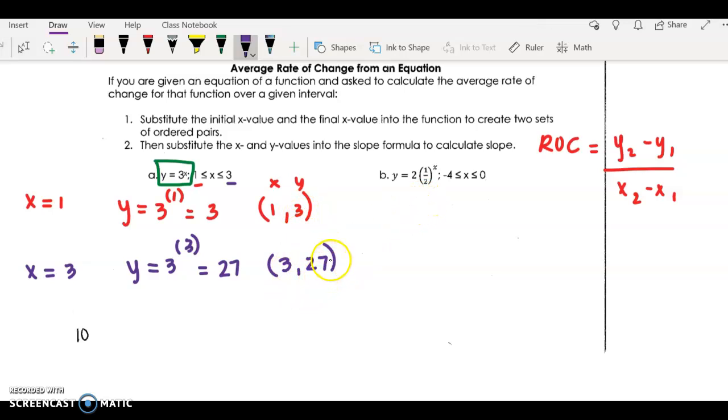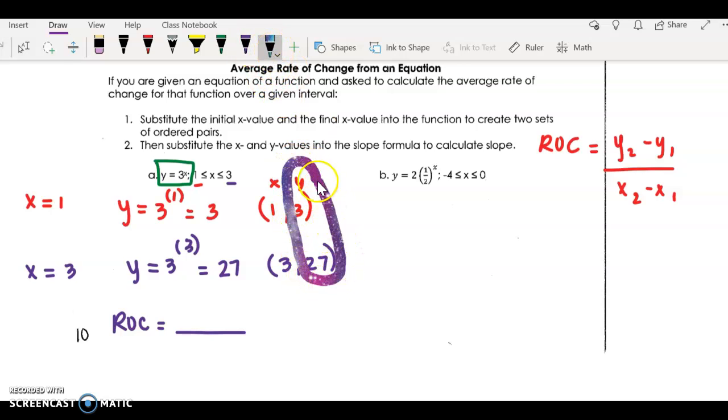Those are pretty far apart from each other to have to graph and count the rise over run. So we'll use our slope formula and we'll subtract the y's on the numerator.